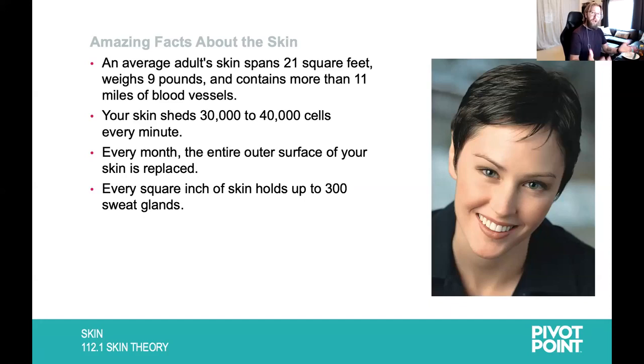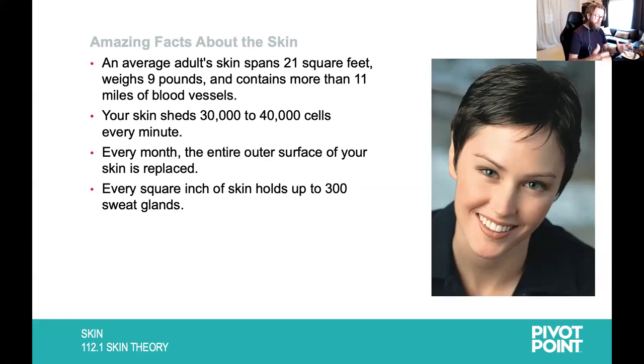The average adult's skin can span about 21 square feet. If we were to strip your skin off your body, like the good old Tom and Jerry cartoons, which I'm not encouraging anyone to do, your skin weighs 9 pounds on average.